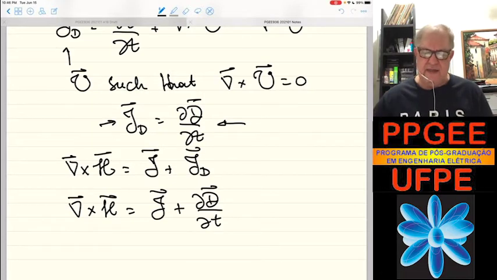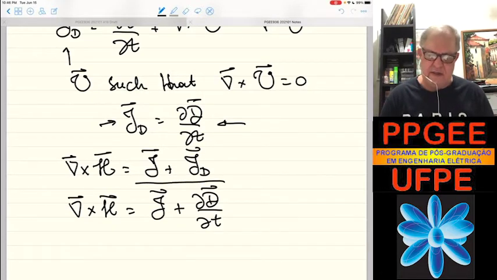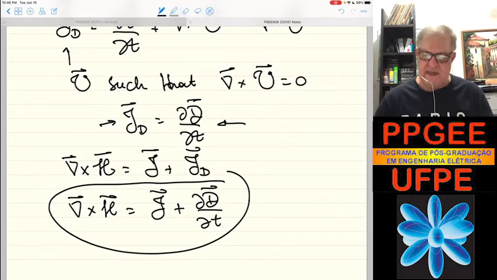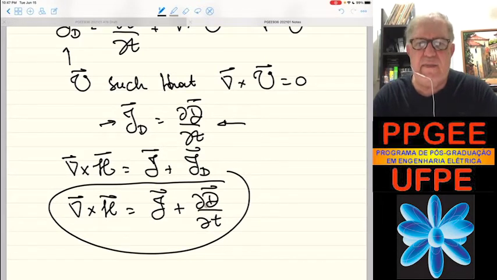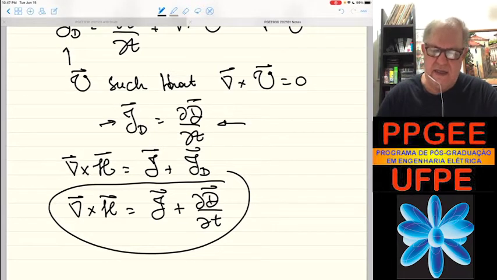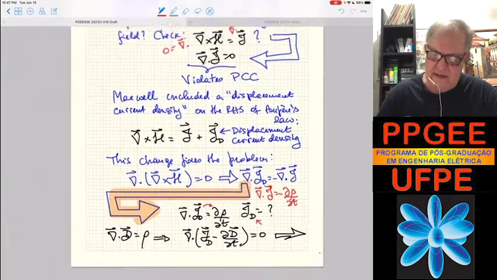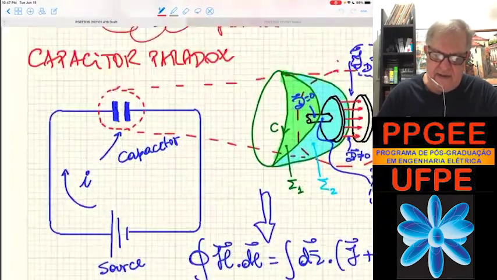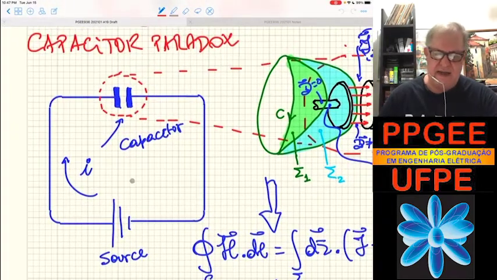So also the introduction of this displacement current density fixes the capacitor paradox, a well-known paradox, in which we look at the capacitor and a time-varying current in a circuit, right? So we know that the current flows through the capacitor.